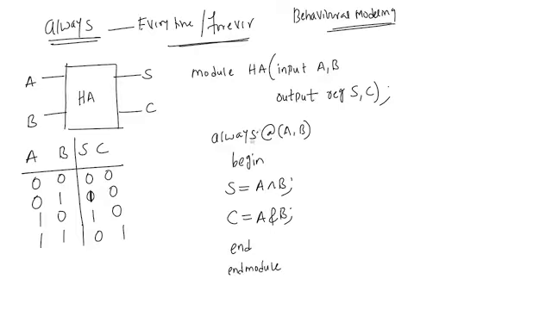Okay, so this is nothing but the sensitivity list, always at the rate. So what is the sensitivity list? If there is any change in the inputs, there is a change in the outputs. So like this, you need to write the code for the half adder circuit.